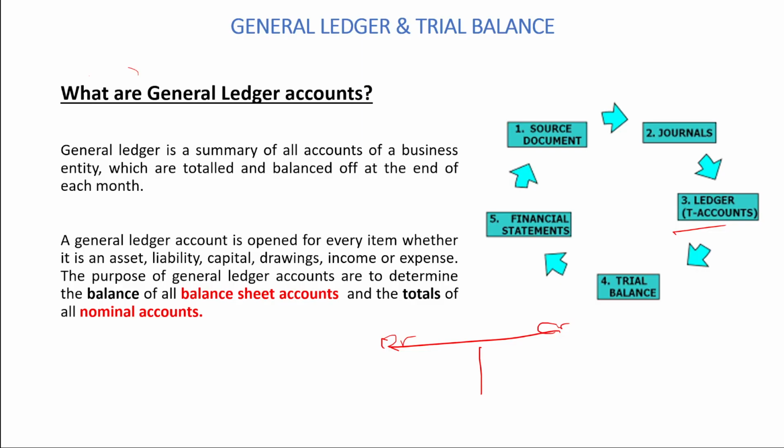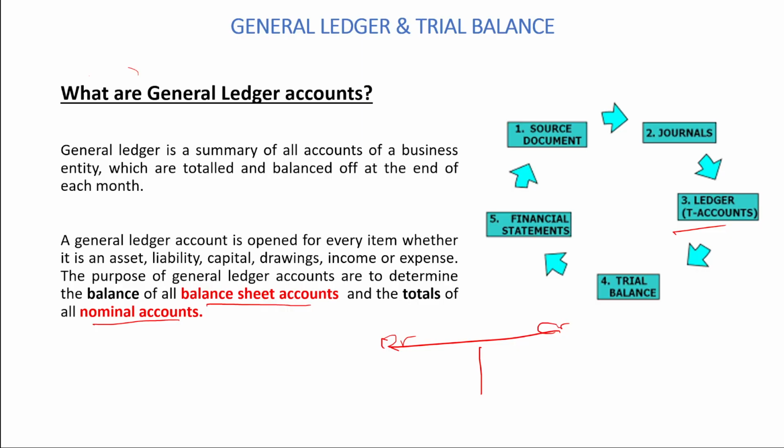With the general ledger, there are two categories. We have what we call the balance sheet accounts, and then we have the nominal accounts. The balance sheet accounts are the type of accounts that we must balance at the end of the day.